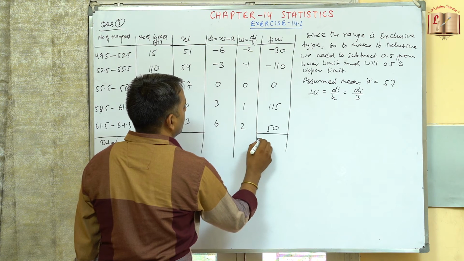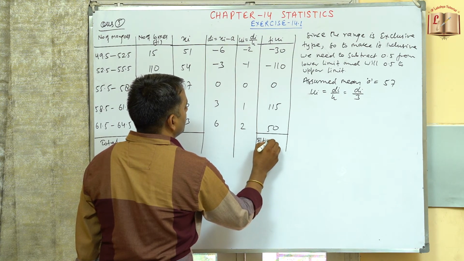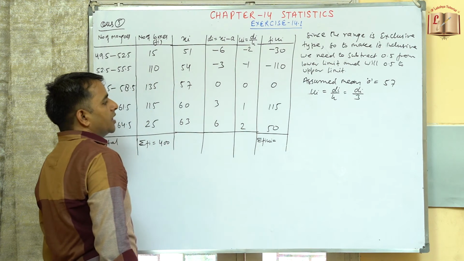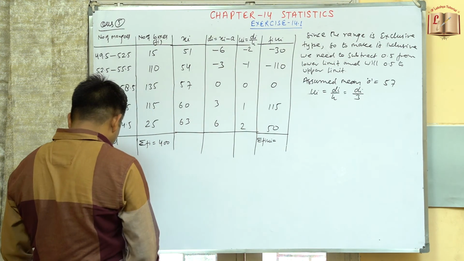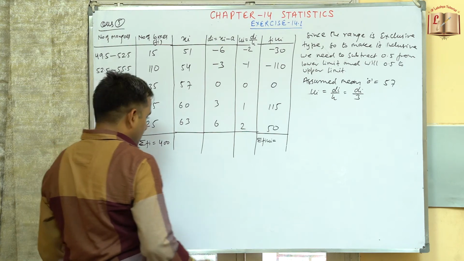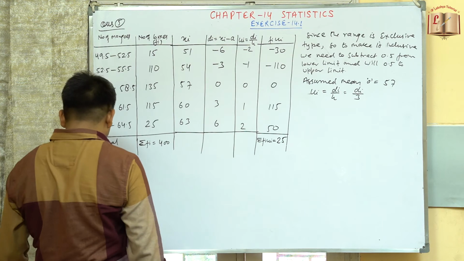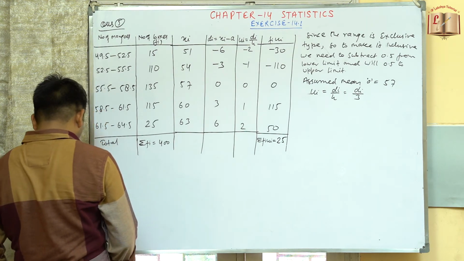Now we can find out sigma fi ui. This will be equals to, now we can add up this and can find this. So sigma fi ui will be equals to 25.